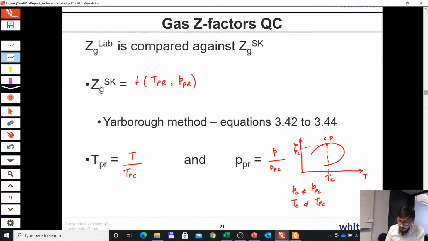That's the reason why these two properties, the pseudo-critical pressure and temperature, are called pseudo-critical and not the actual critical temperature and pressure. That's just a short note on these properties.